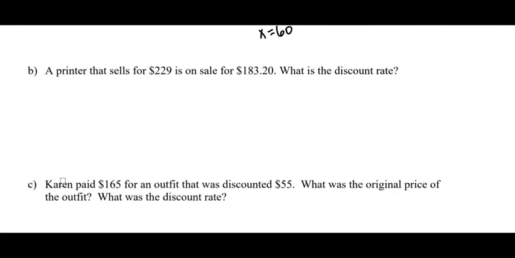So part B, the printer that sells for $229 is on sale for $183.20. What is the discount rate? Okay, so let's set it up.